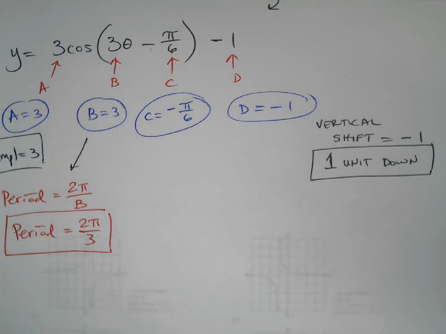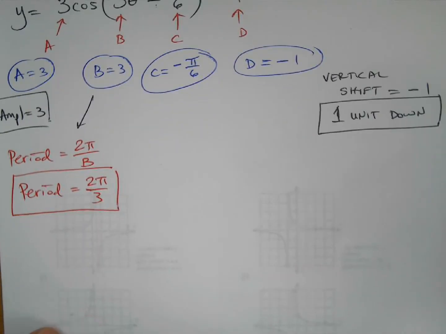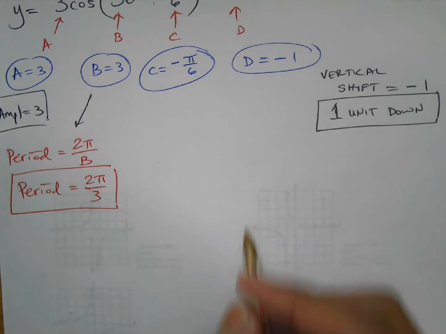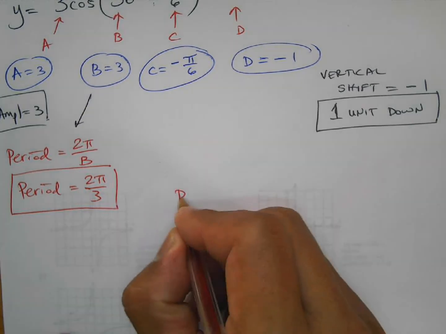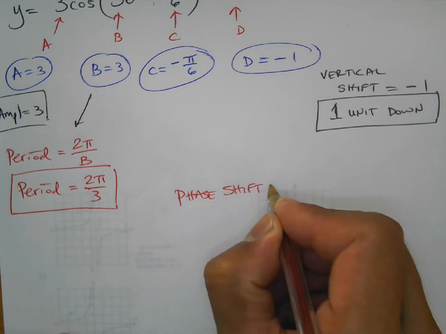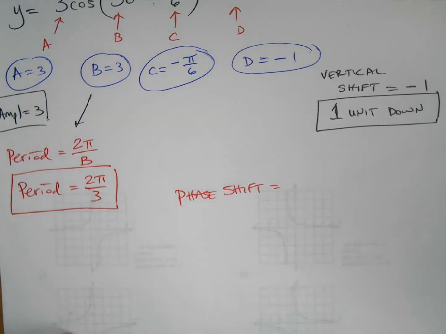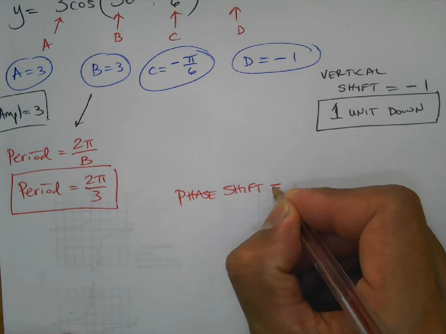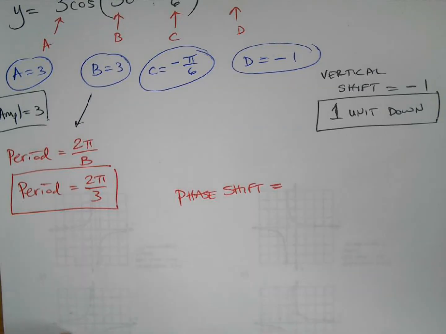Here's what I have to find. That's going to take a little bit of work. The phase shift. This is the one that's tricky. There's a formula for this, just like you had a formula for the period.